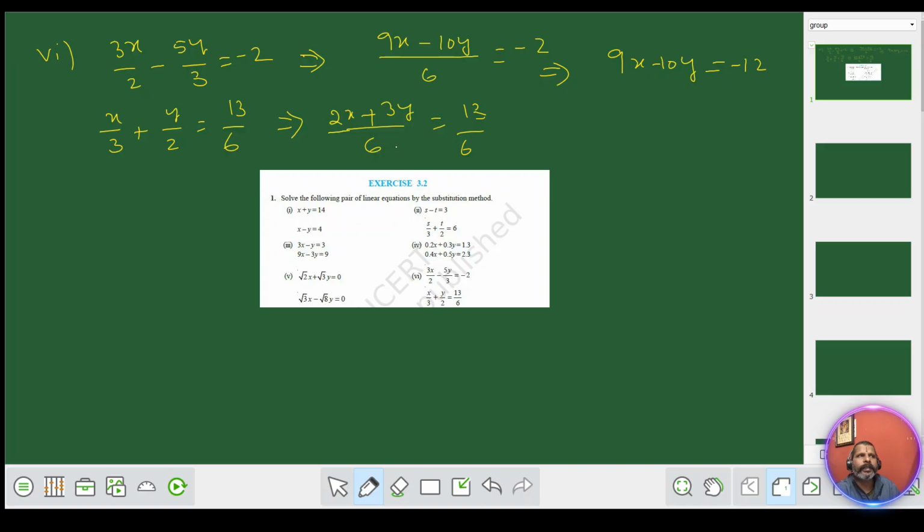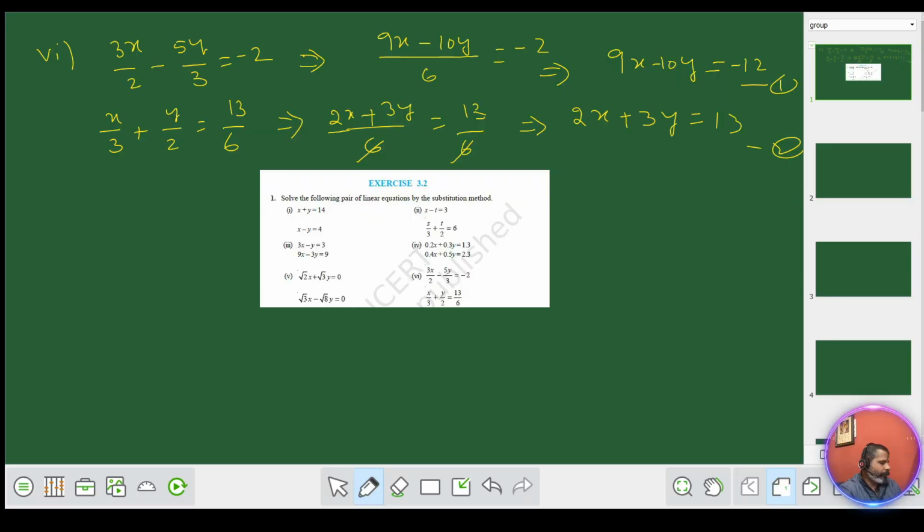Since 6 and 6 in the left hand side, right hand side are denominator values and same, we can cancel. Otherwise, if we transpose also, it will become into 6 divided by 6 cancels. So the equations will become 2x plus 3y is equal to 13. Okay. These are the new equations now. Now you call this as 1 and 2.